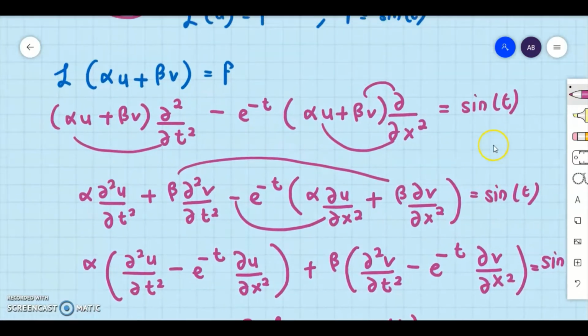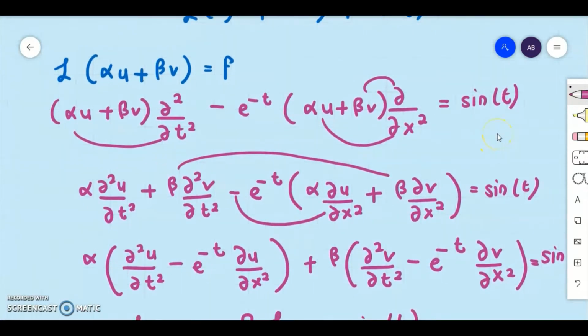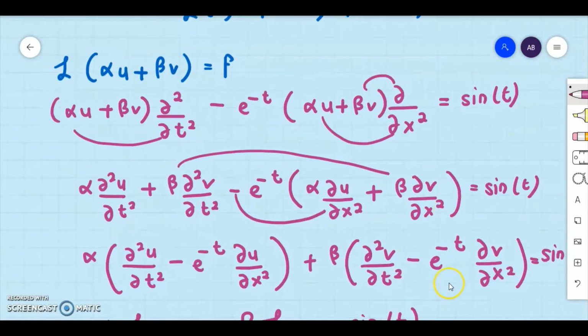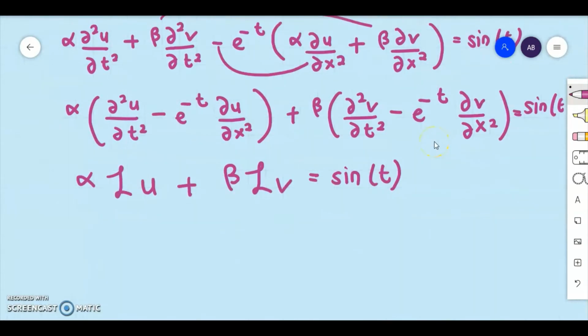So alpha LU plus beta LV equals my F. So my F here equals operator L on alpha U plus beta V. Now I can show this for both sides, so my PDE is linear.